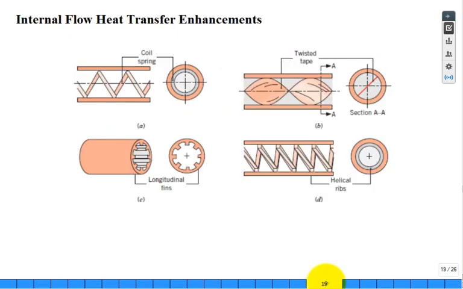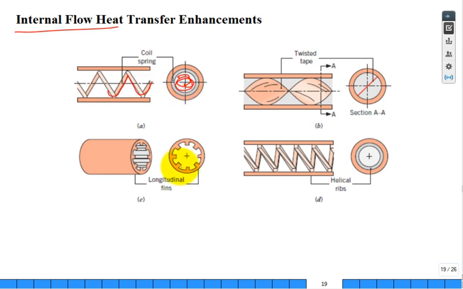All right. Internal flow, how do they augment or increase the heat transfer? Sometimes inside a tube they'll put a coil. What's that coil doing? As the flow goes down, it's impeding the flow a little bit. You're going to have a higher pressure drop, but it's tripping up the flow and improving the heat transfer.